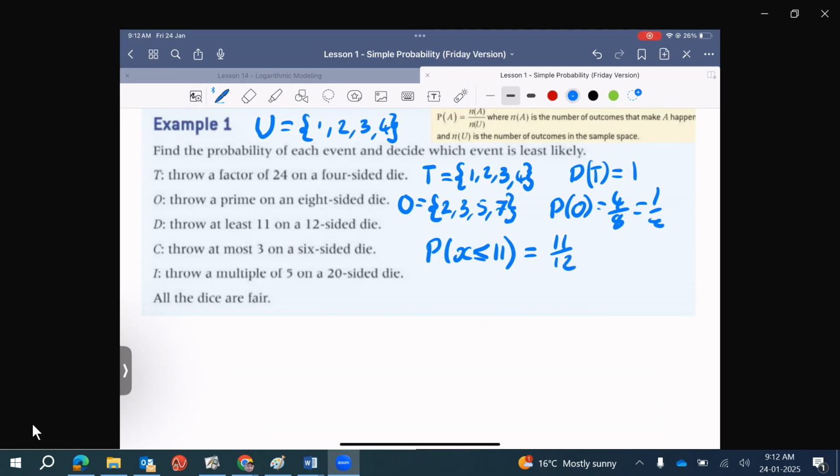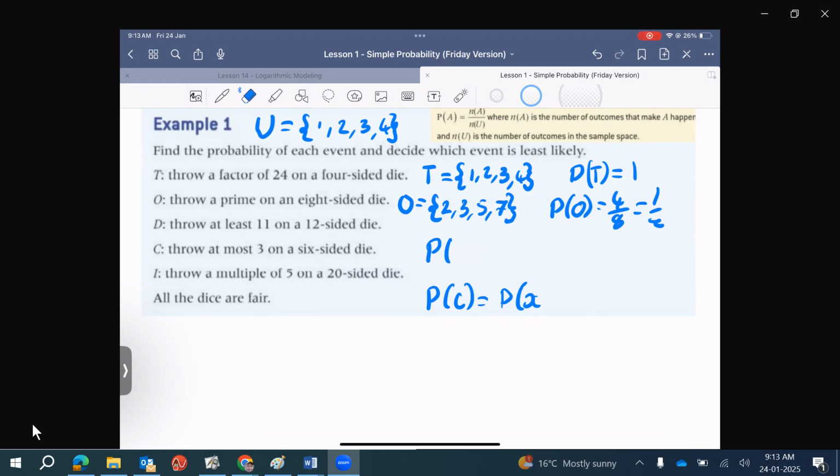C. So the probability of event C is going to be the probability that x is at most 3. Oops, sorry, I got this one wrong.